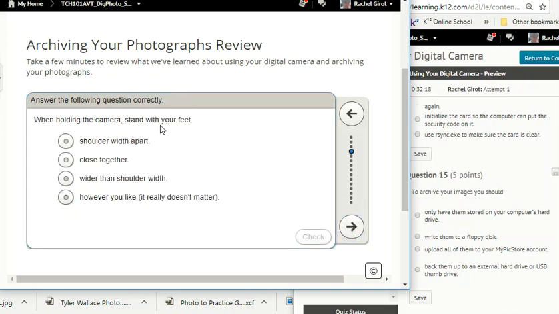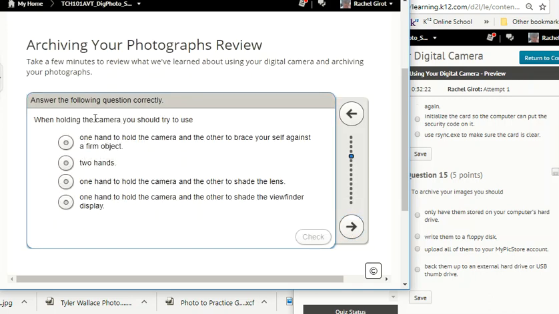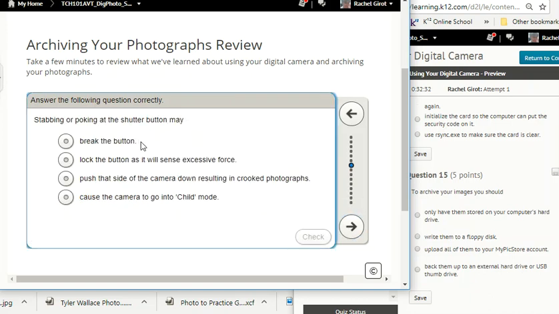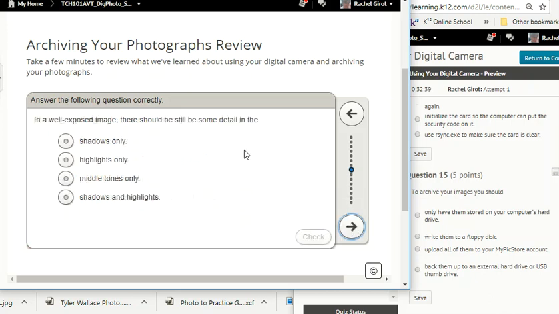When holding the camera, stand with your feet shoulder width apart. When holding your camera, you should use 2 hands. Mastering the technique called the half push will greatly reduce shutter lag. Stabbing or poking at the shutter button may push that side of the camera down, resulting in crooked photographs.